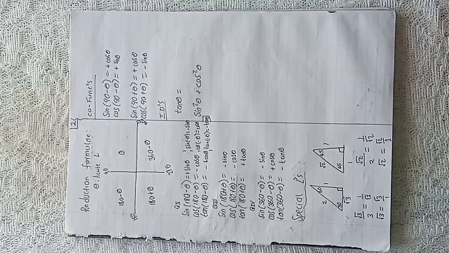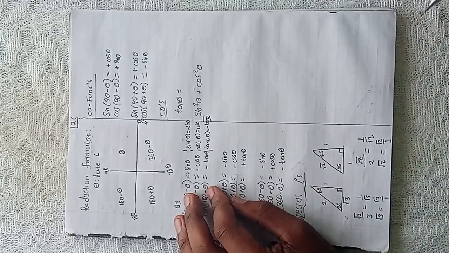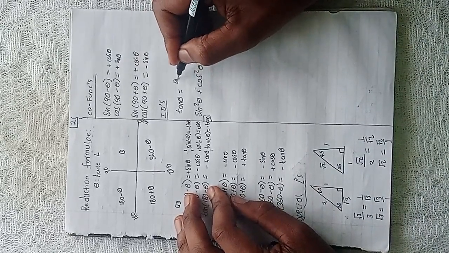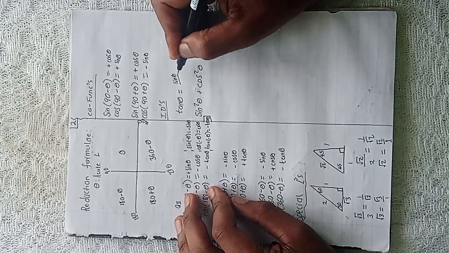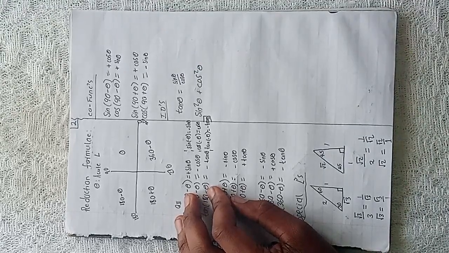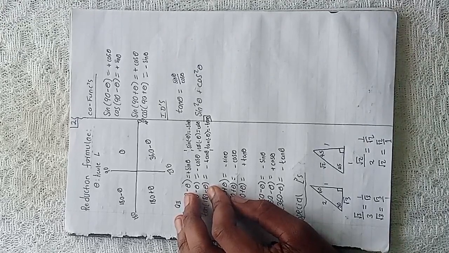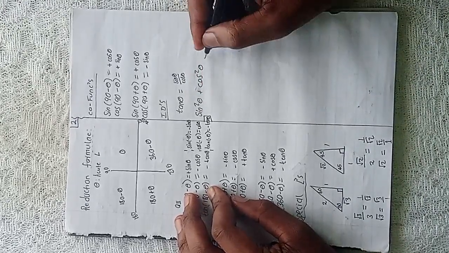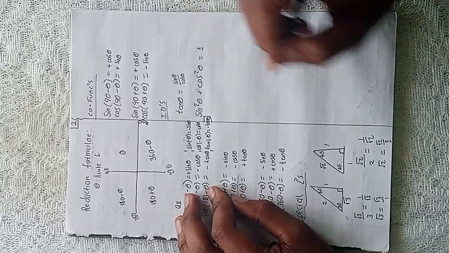Okay, let's go to identities. It's very important for you to remember that tan theta is equal to sine theta all over cos theta. This is equal to 1.